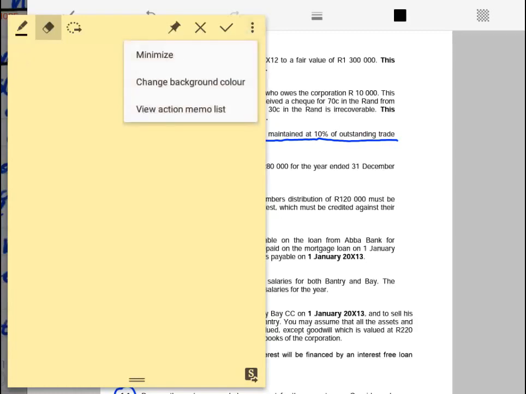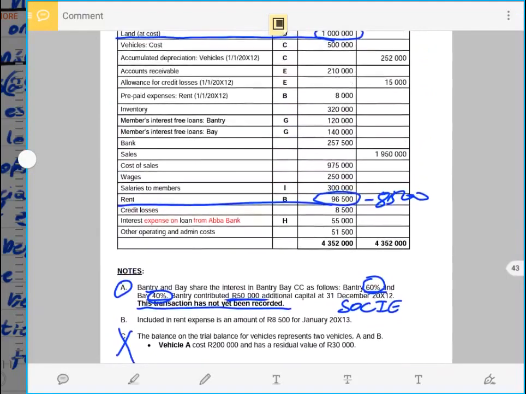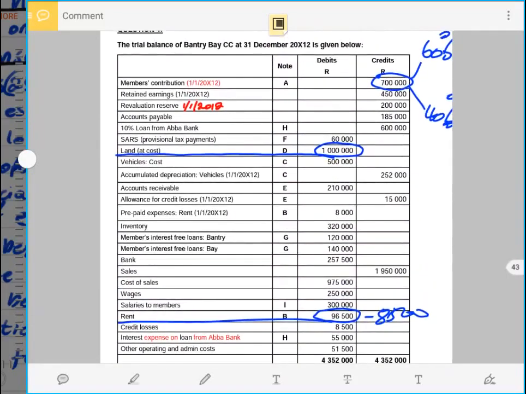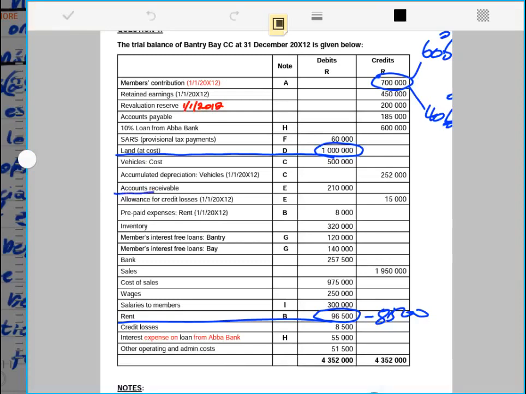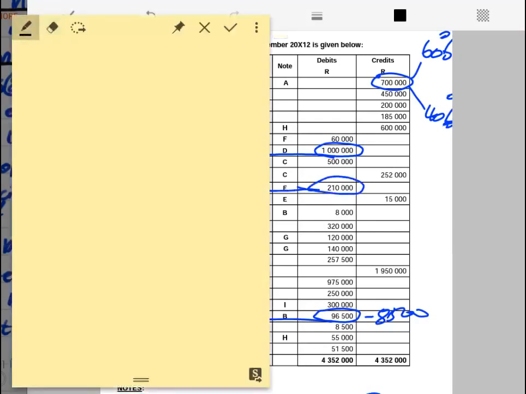Then after, we calculate the allowance for credit losses from the outstanding trade receivables. As we can see in the trial balance, we have our accounts receivable as 210,000 rands, and these were our receivables.